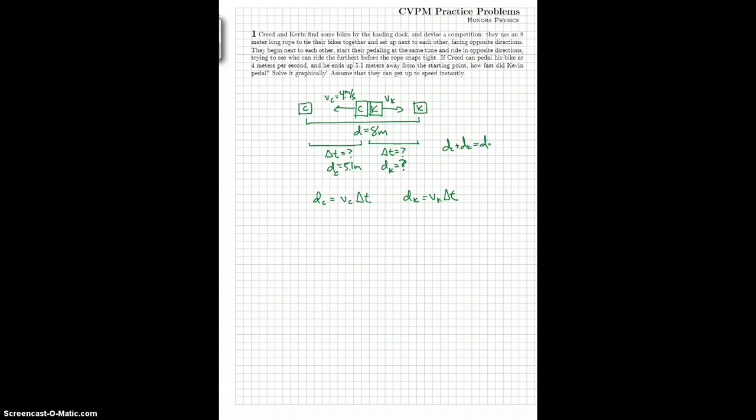Okay, so we're trying to find Kevin's velocity, so I feel free to substitute and eliminate anything other than that. So what I'm going to do is eliminate Kevin's distance by solving for it over here and substituting it in.